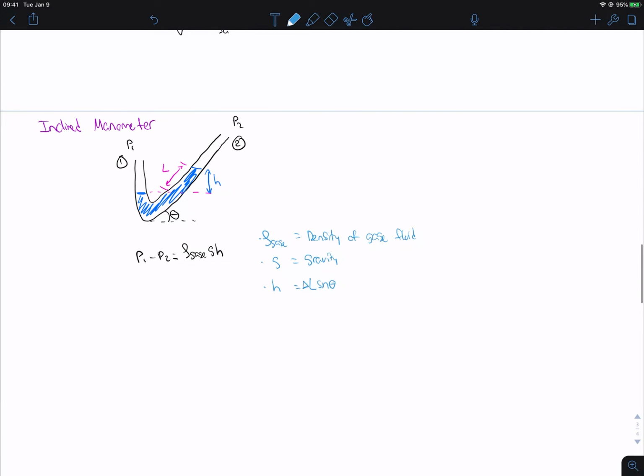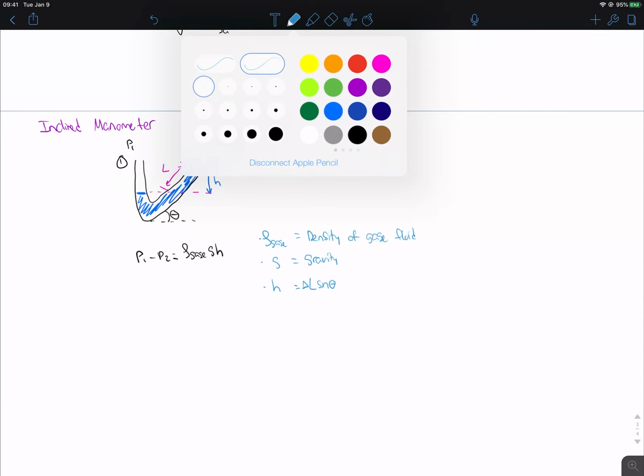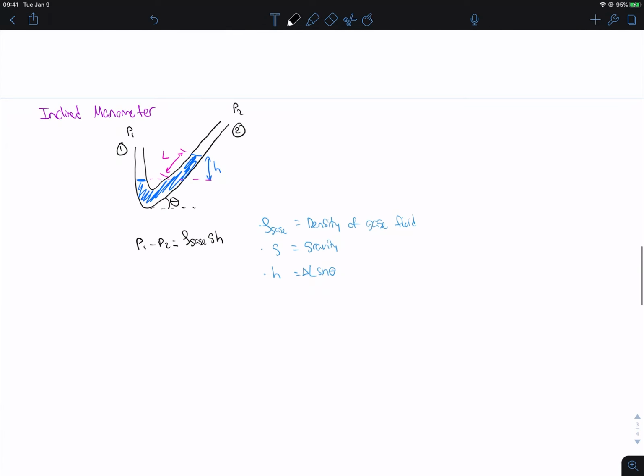Okay, so knowing these variables, we can now rewrite the hydrostatic equation that we just had. We can now write this as P1 minus P2 equals the density of our gauge fluid times the gravity times delta L sine of theta.